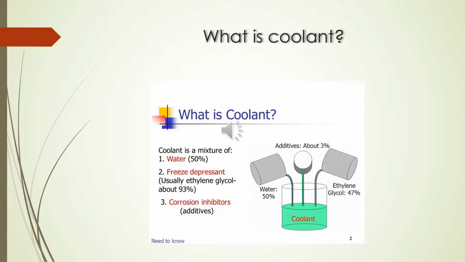So now the question is, the inhibitors are put inside the coolant, so why is it that corrosion occurs mostly on the radiator, the heater, and the water pump? This is what we are going to address as we go further into this discussion.